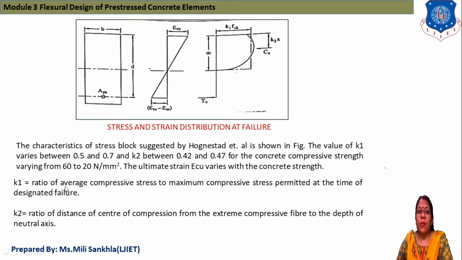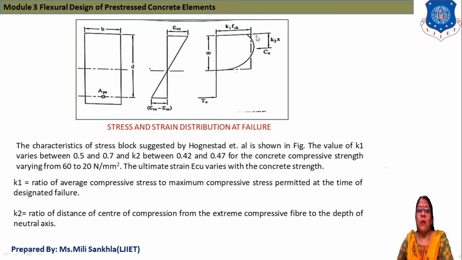Now K1 is the ratio of average compressive stress to maximum compressive stress permitted at the time of design failure, and K2 is equal to the ratio of distance of center of compression from the extreme compression fiber to the depth of neutral axis. Okay, look at this.